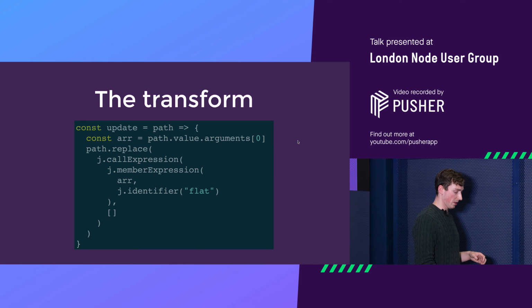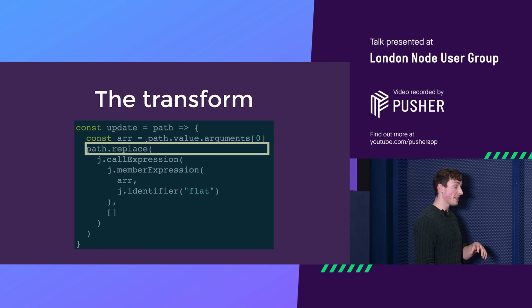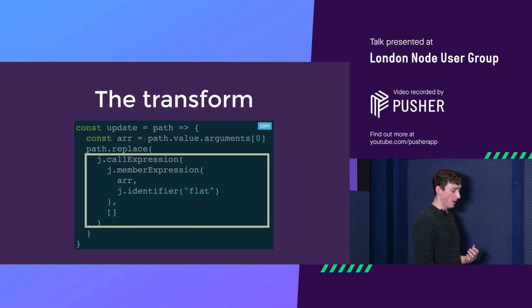The update function takes a path, which is like a wrapper of an AST node. And then here we're going to get the array. The array is the first argument of the call expression. And then we'll call this replace function to replace the node with a new node that we build. You can build nodes in jscodeshift using these builder functions.